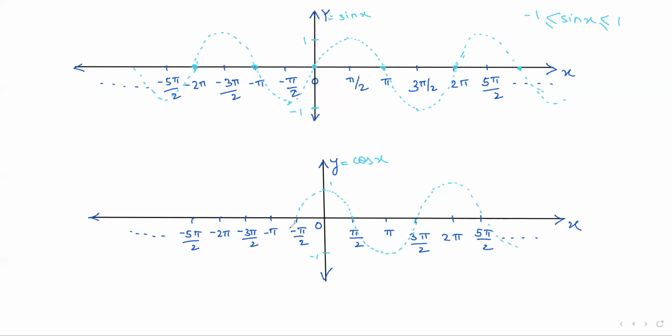The shape of the wave remains same. We also know that -1 is less than equals to cos x is less than equals to 1.